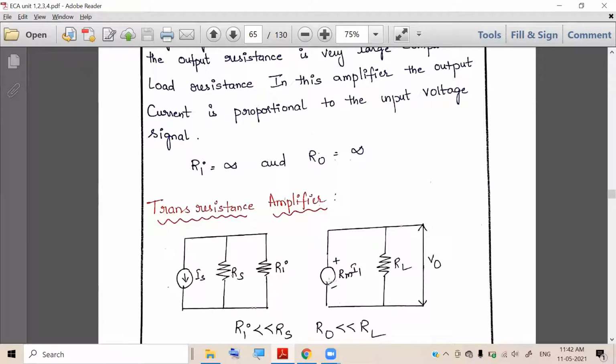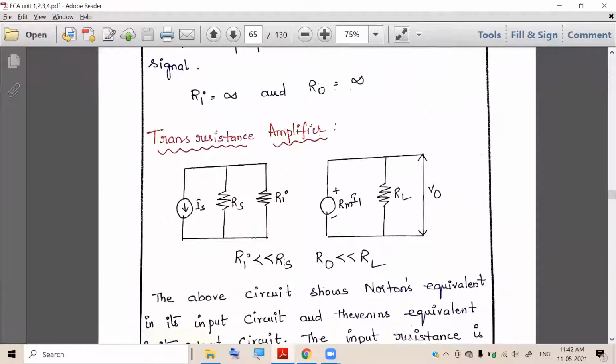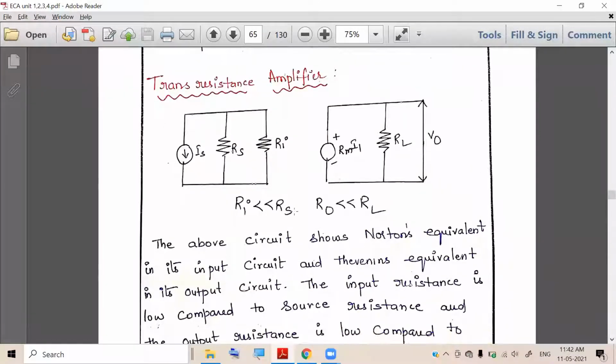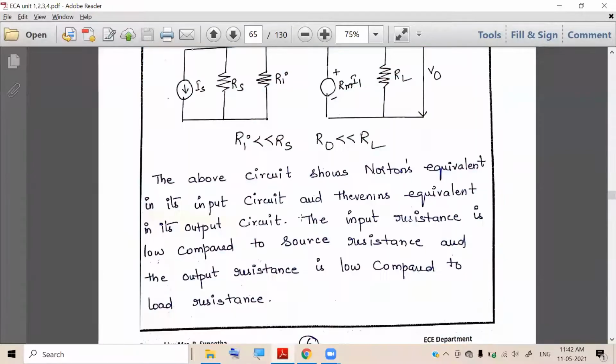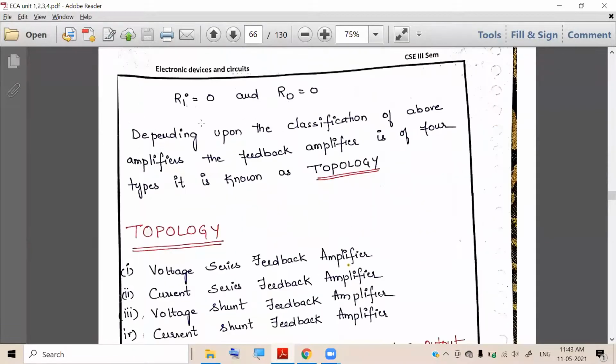If this voltage has to entirely pass on to RL, then RL should be much greater than Ro. This is the second condition. Again, in the ideal case, Ri should be 0 and Ro should be 0.